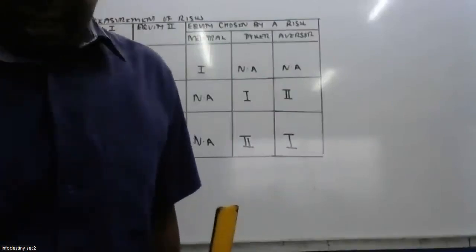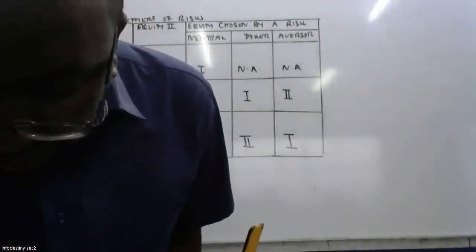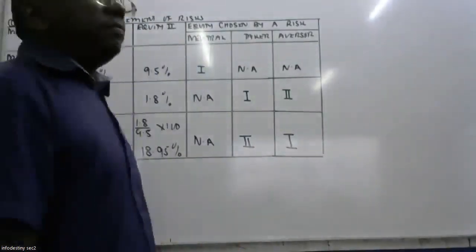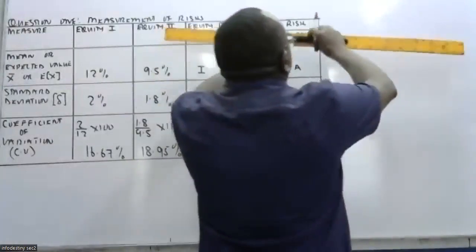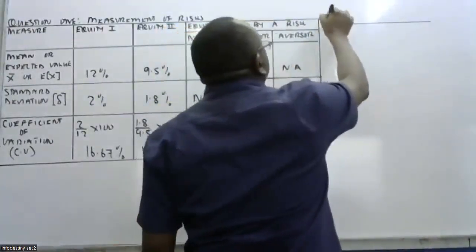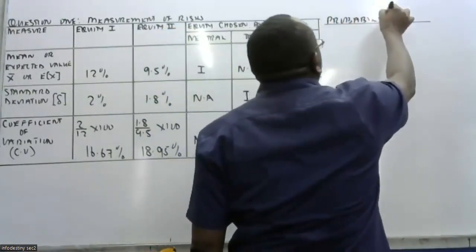The next thing is the probability that equity 2 pays a higher average rate of return than the rate paid by equity 1. So that one, I will leave you to work on because you already have done probability, normal probability distribution.